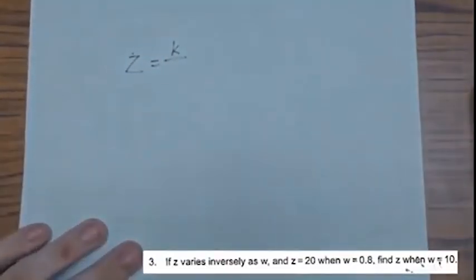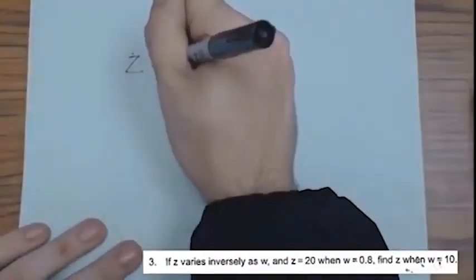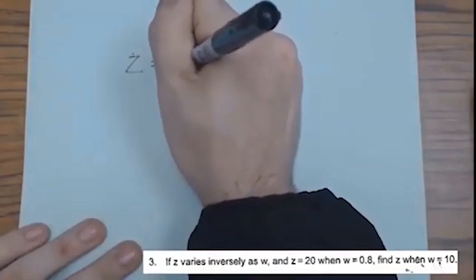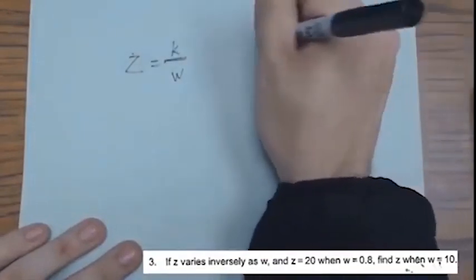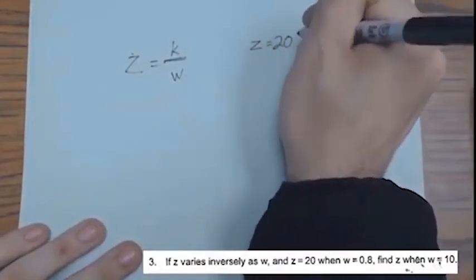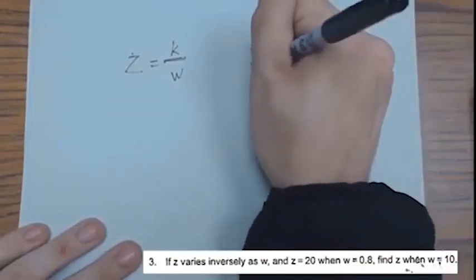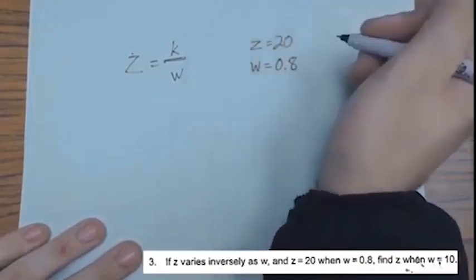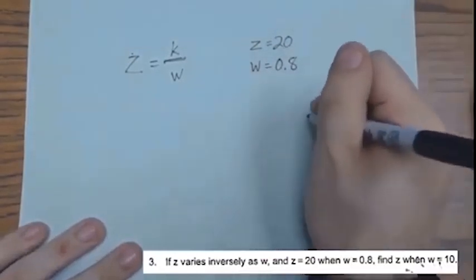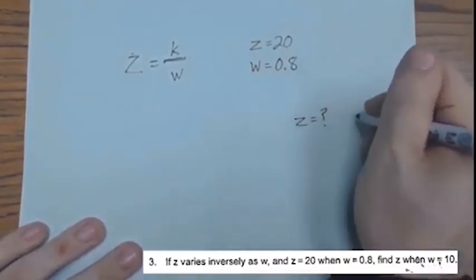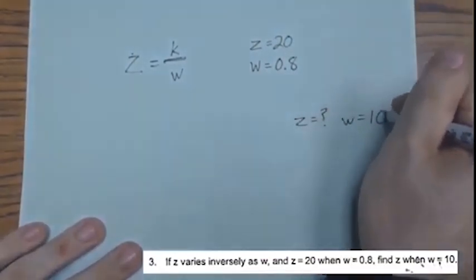So instead of multiplying after k, we're going to divide after k. Inversely as w. And z equals 20 when w equals 0.8. And then we're going to find z when w equals 10.